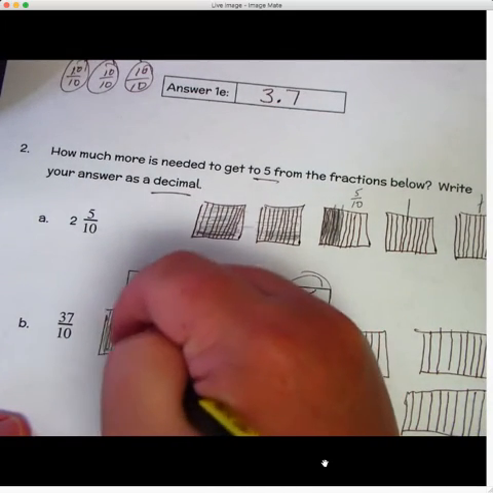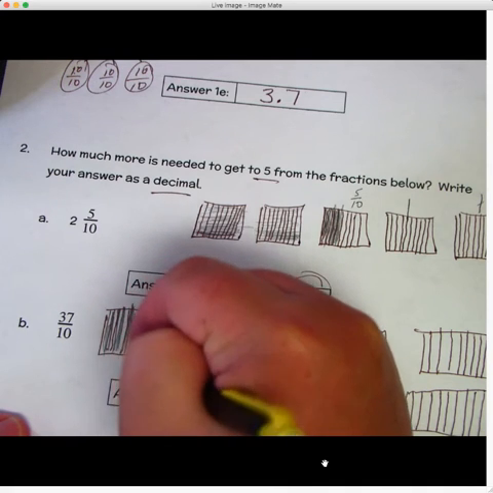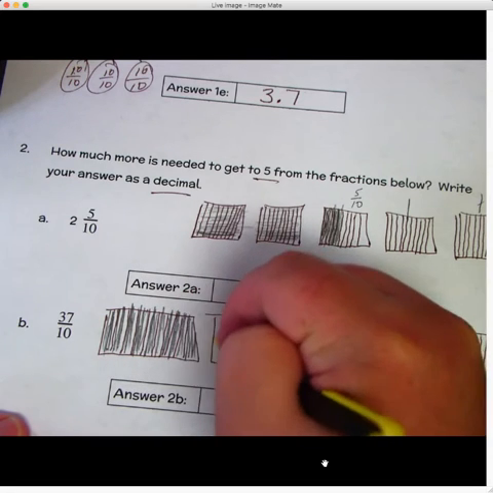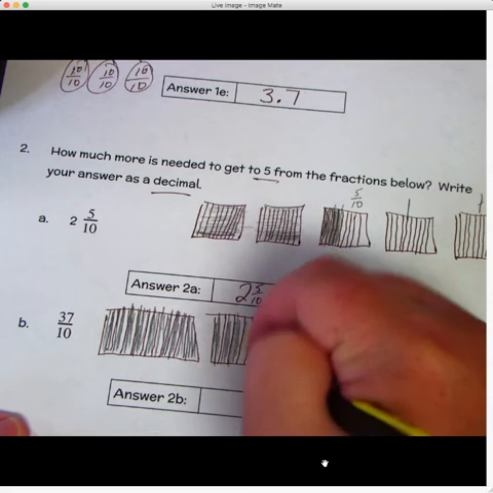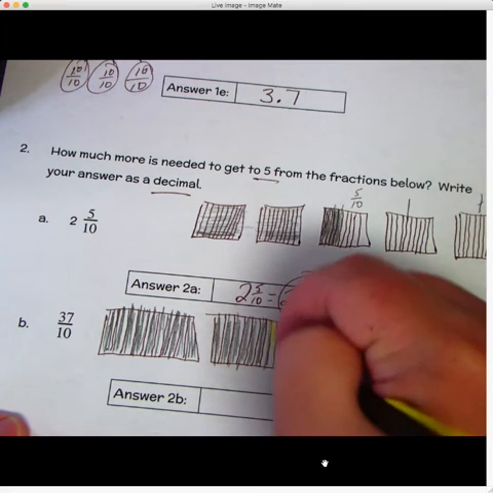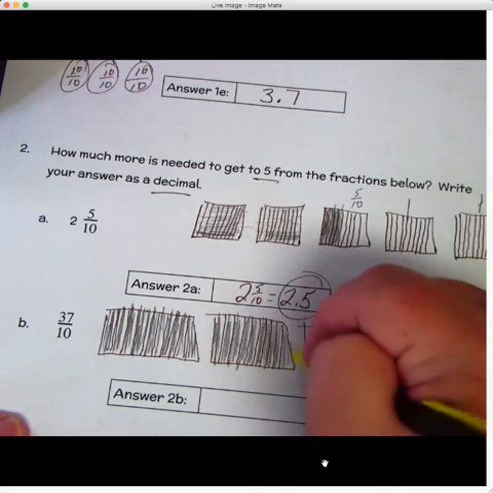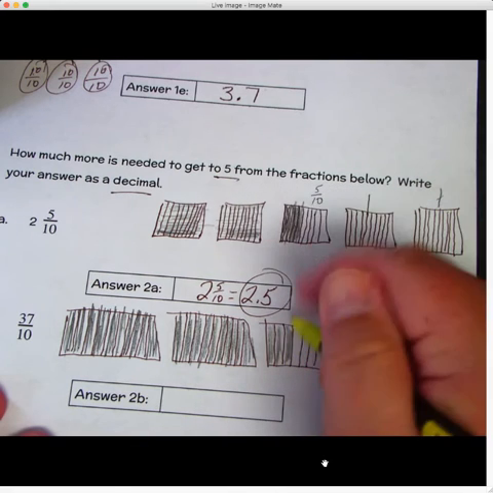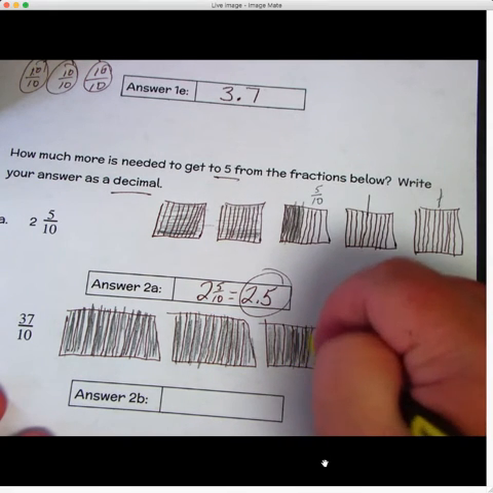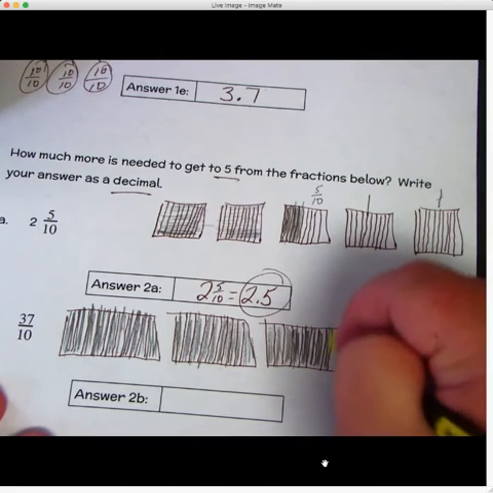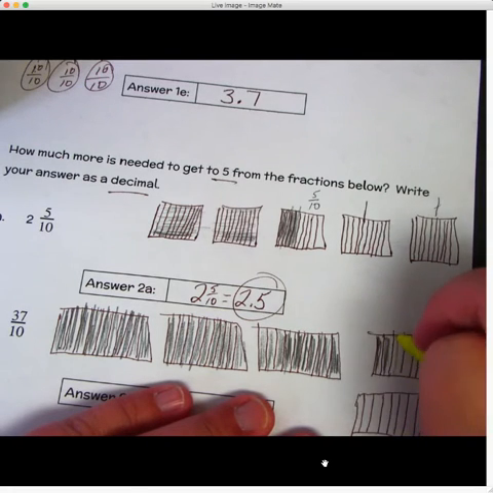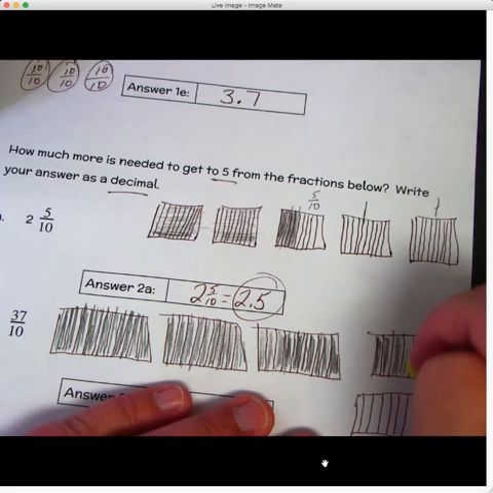So here's 1, 2, 3, 4, 5, up to 20. 21, this may have been a long way to do it. 22, up to 30, 31, 32, 33, 34, 35, 36.